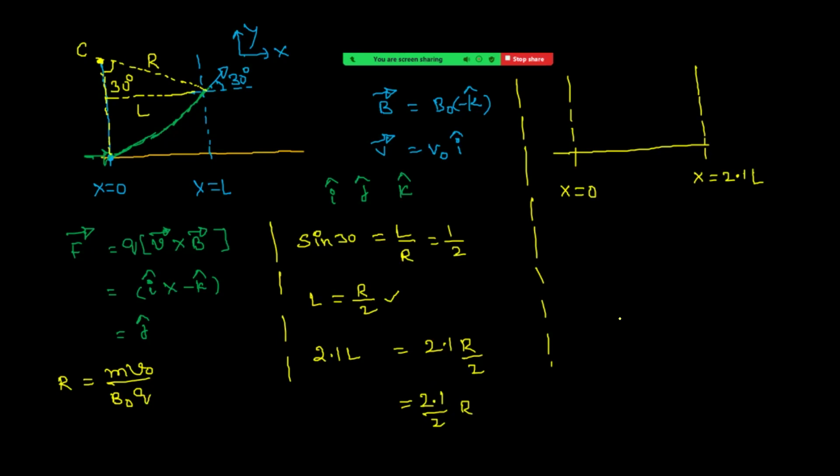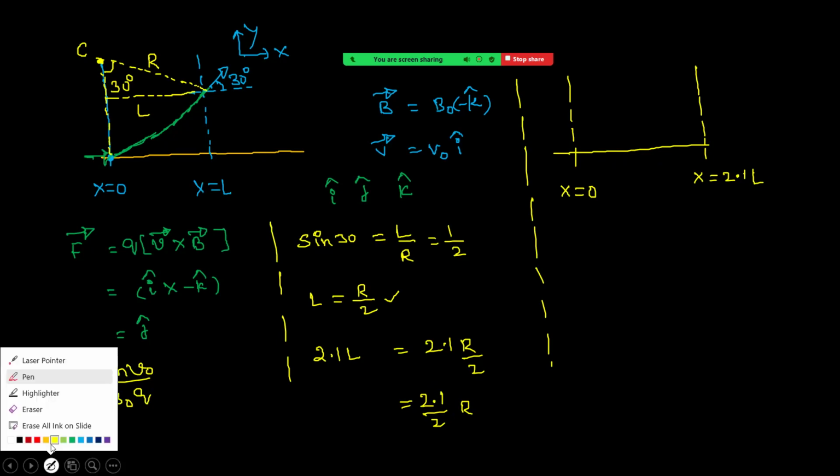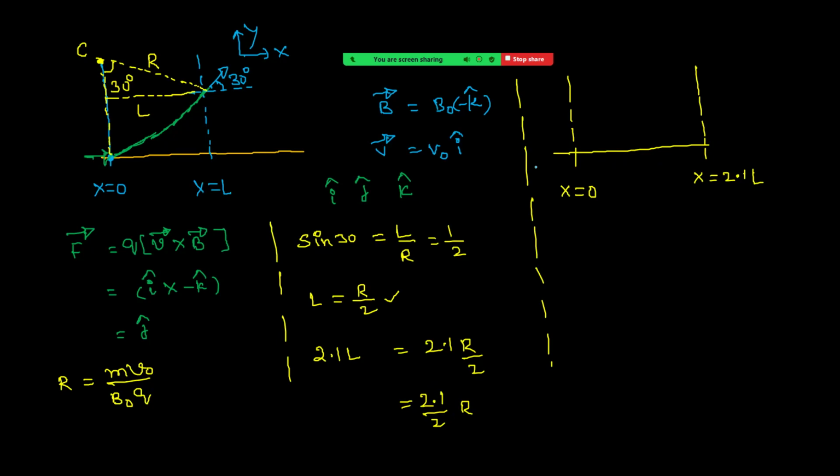That means this length 0 to 2.1 L is now greater than R. In such a case, the particle is able to complete a half circle. It enters like this, completes a half circle, and comes outside the field like this.